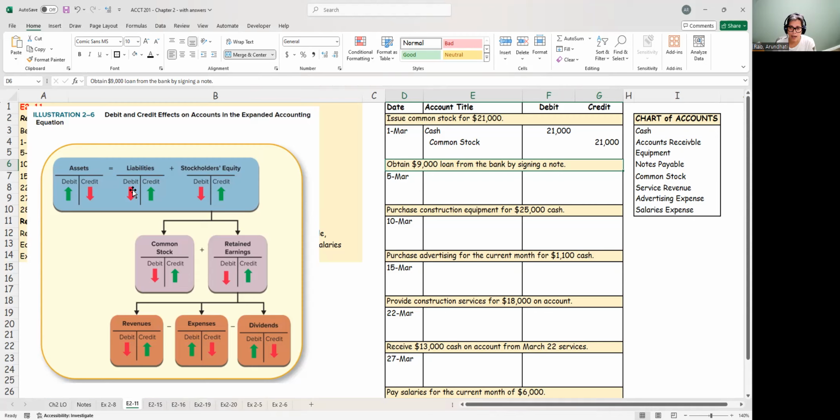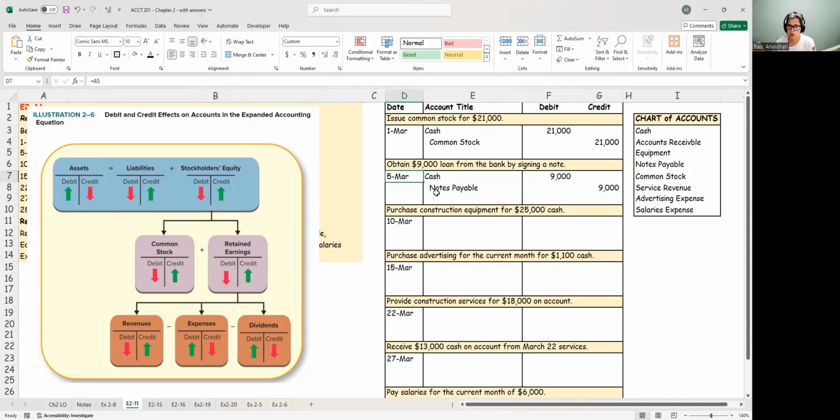I have a liability to repay, and that's a note payable. You can see the account name over here, note payable. I received cash. My cash balance went up, but my liability also went up. So cash debit and notes payable credit, and the dollar amount is $9,000.